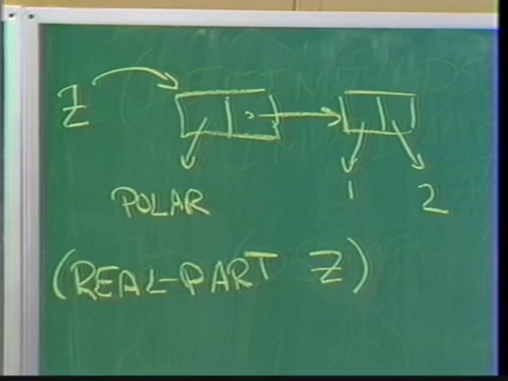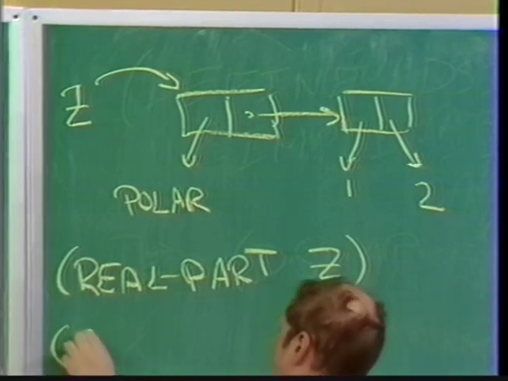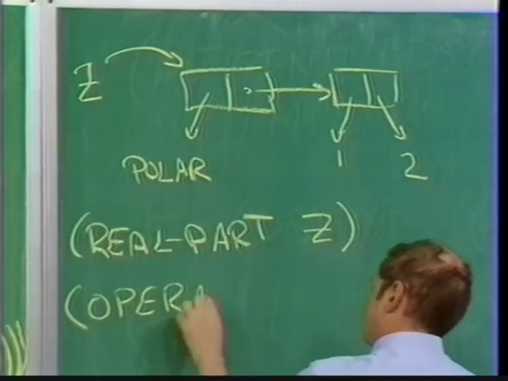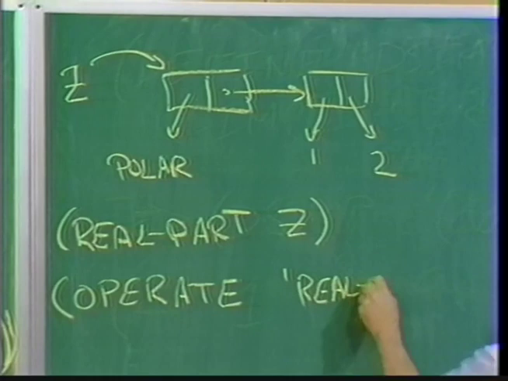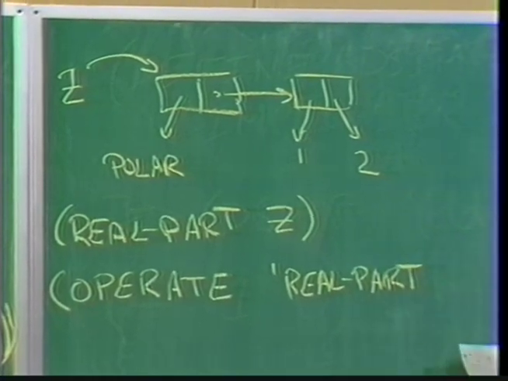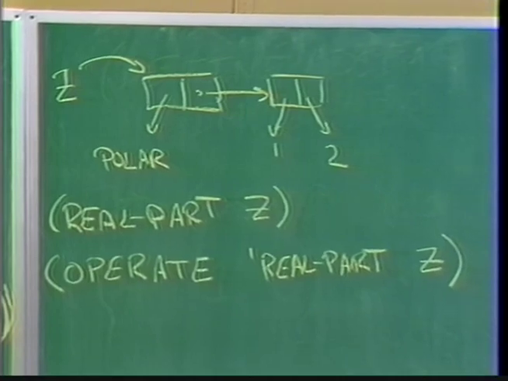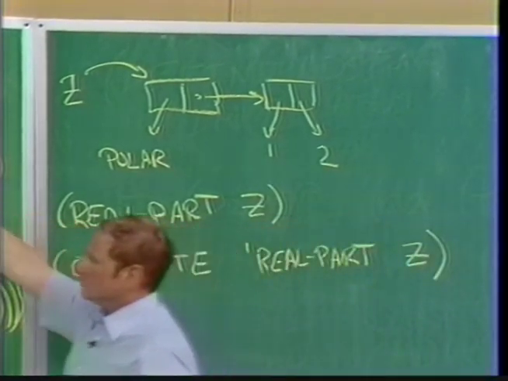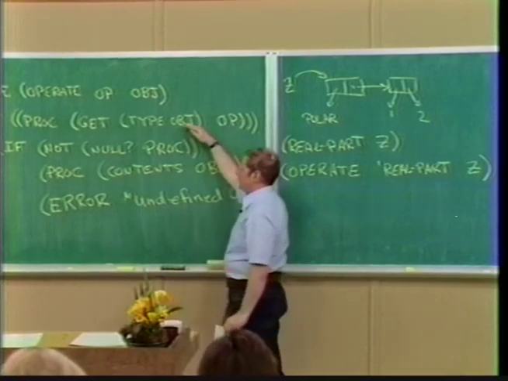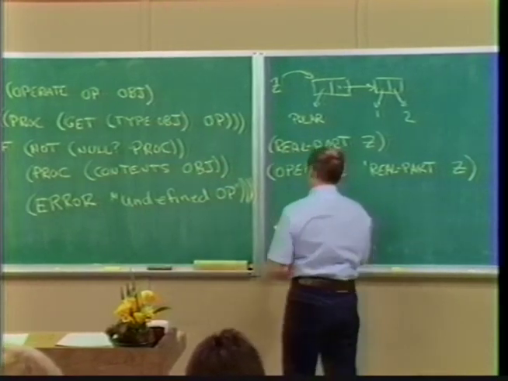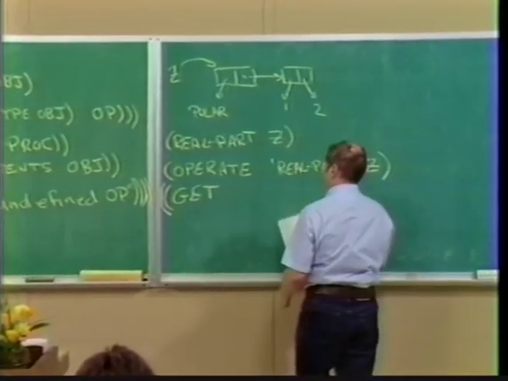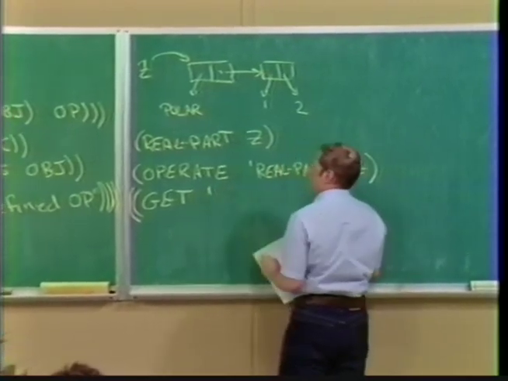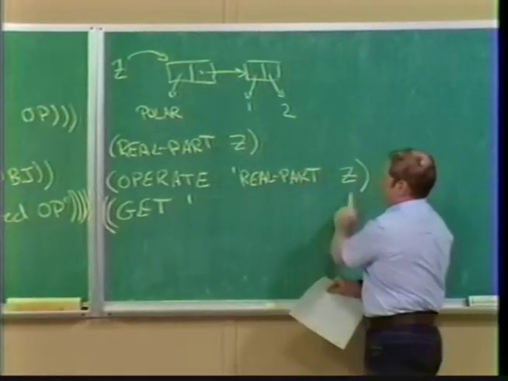Well, real part now is defined in terms of operate. So that's equivalent to saying operate with the name of the operator being real part, the symbol real part, on Z. And now operate comes, it's going to look in the table, and it's going to try and find something stored under the type of the object, and the type of Z is polar.